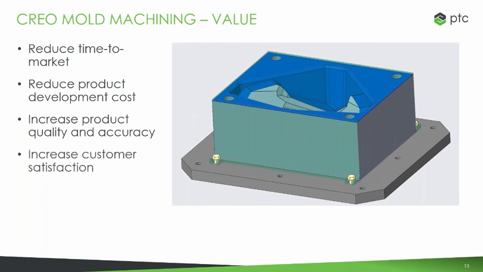And all of this works to increase your customer satisfaction, because lower manufacturing costs for you and better lead times, that all means that the customer is getting the product they need faster, potentially for a lower cost and a higher quality, of course, which customers always appreciate.